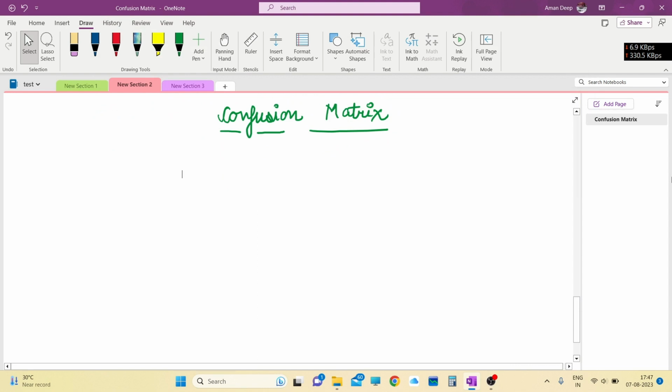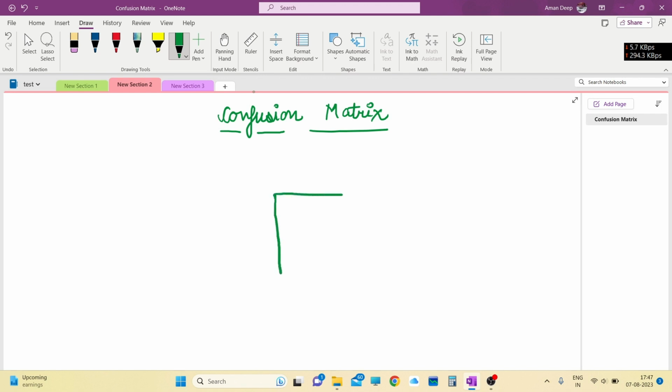Okay, so let's now look at the confusion matrix in detail. How do we make a confusion matrix? It is a table, a 4 by 4 table like this. Here we will be writing the predicted values, and here I will be writing the actual values.